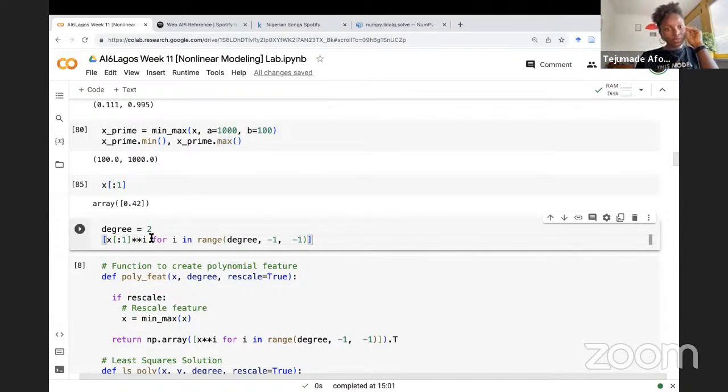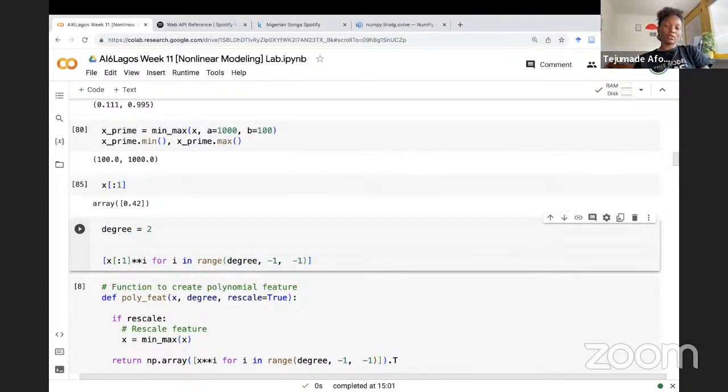Right here, we are using a list comprehension. We did that in week 0 when we did introduction to Python. What we wrote here can also be written as a regular for loop.